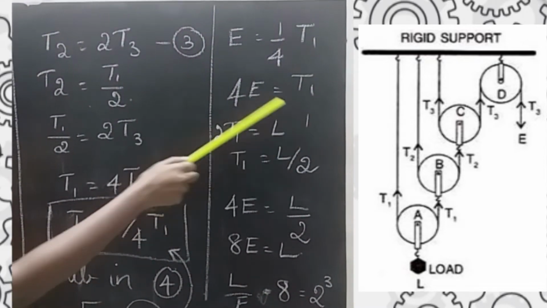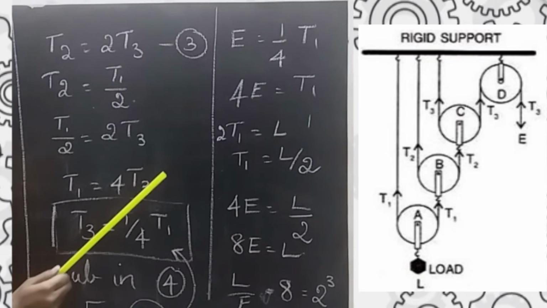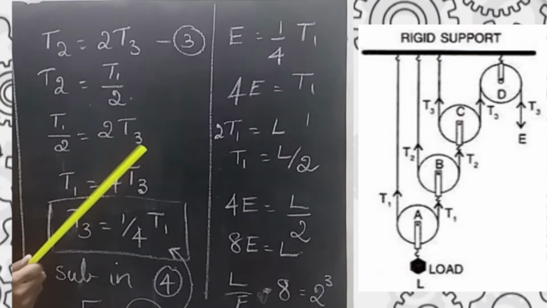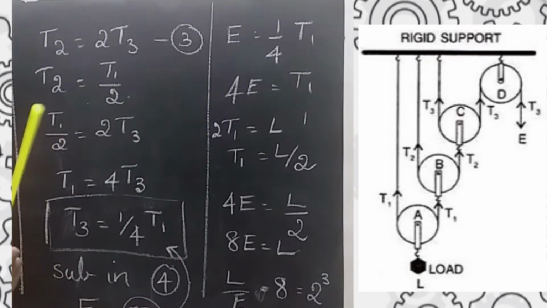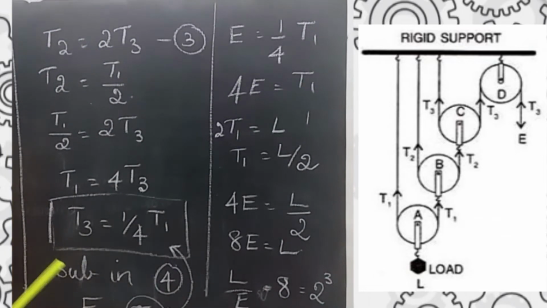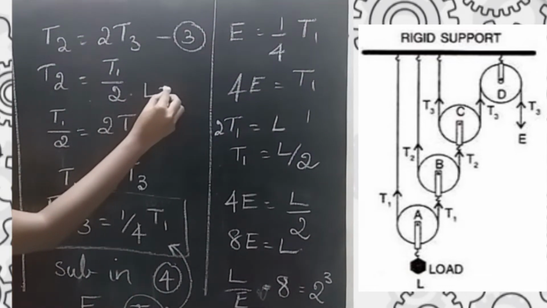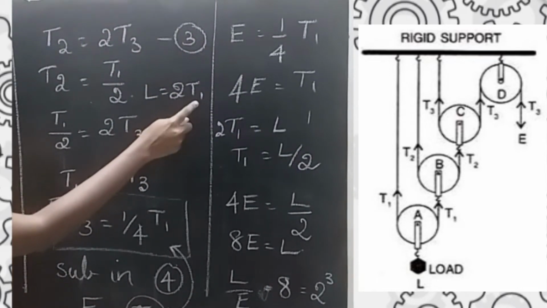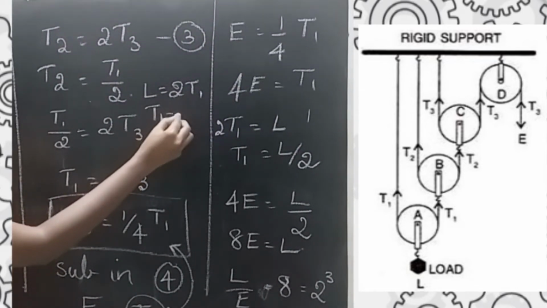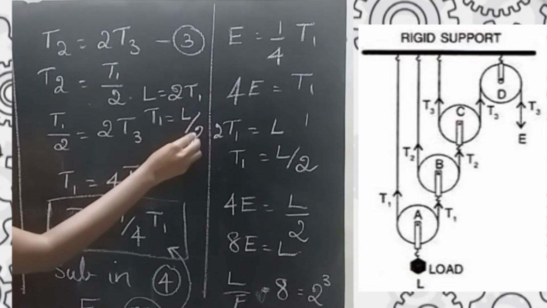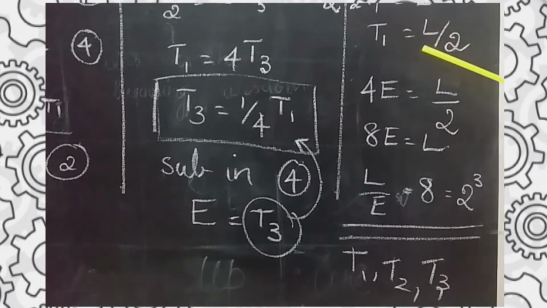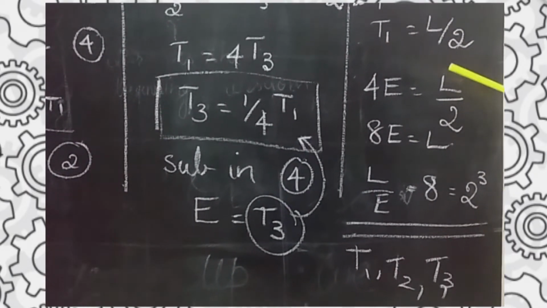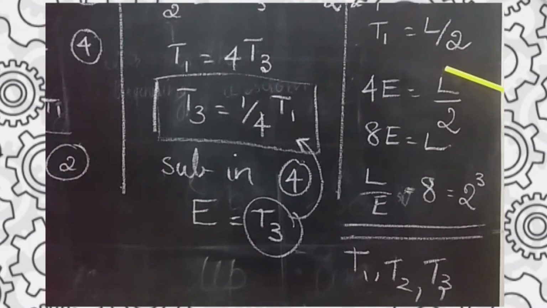What is the value of L? We know that load L is equal to 2T1. What is the value of T1? T1 is equal to L by 2. We got this expression from load is equal to 2T1.